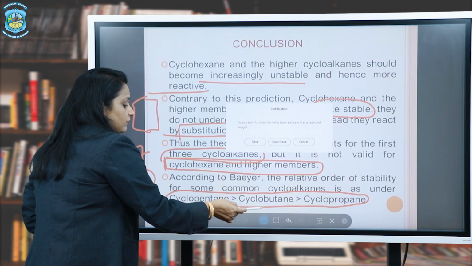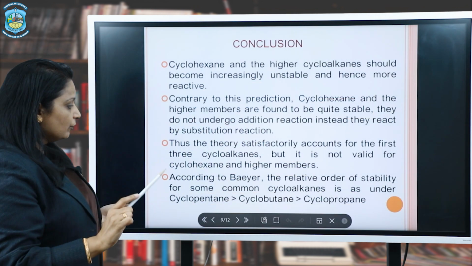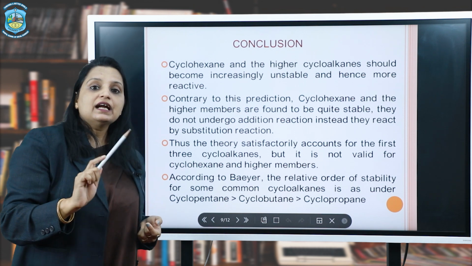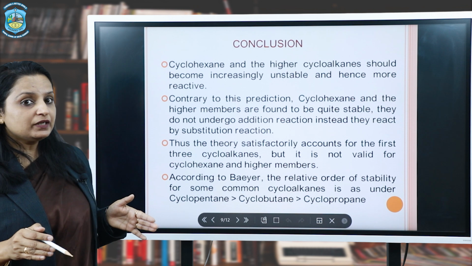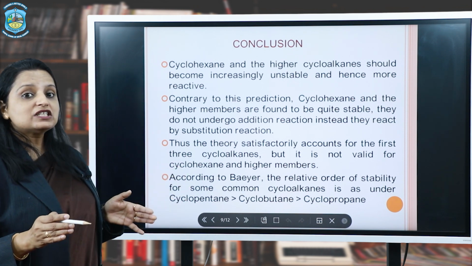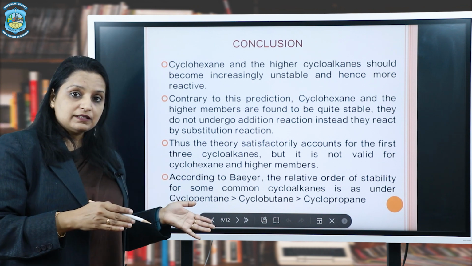So thus what we can conclude is that cyclopropane, cyclobutane and cyclopentane experience angle strain, and that angle strain is responsible for their stability.